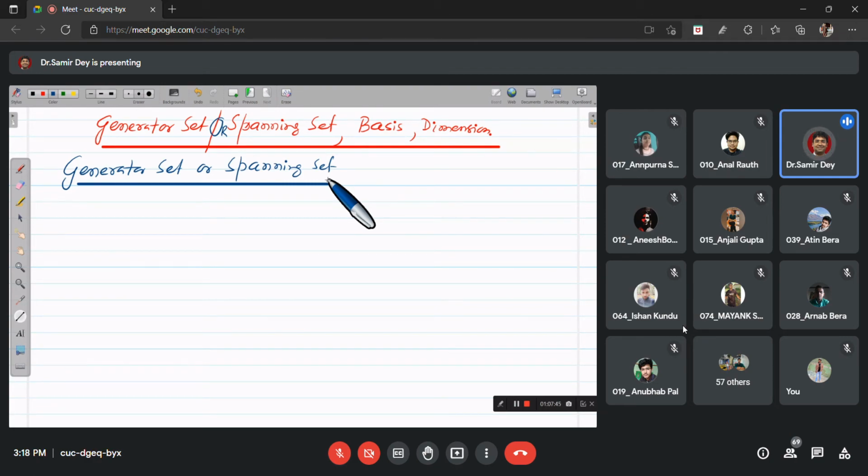If a set of students can represent the whole university, then they are called the spanning set or generator set. Are you getting my point? Yes or no?